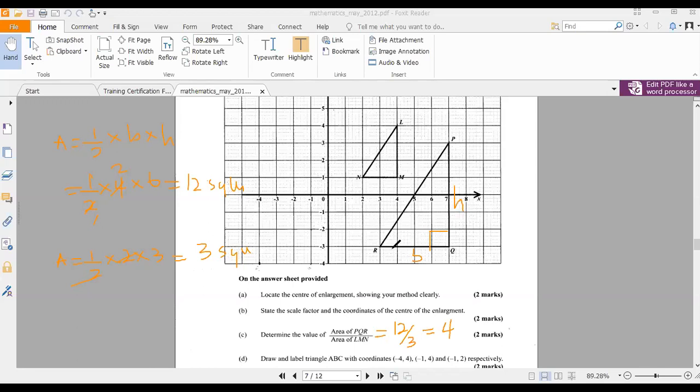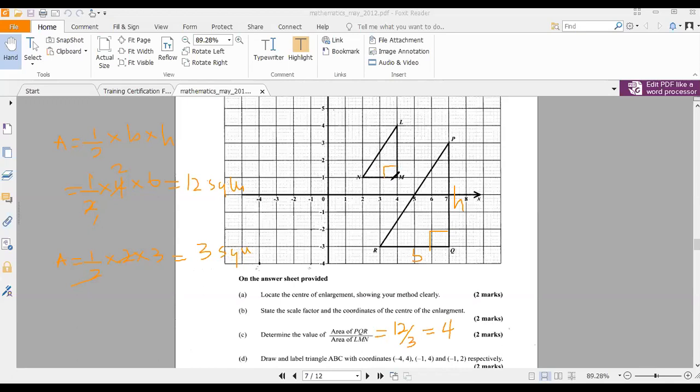Now you are going to find out the base. The base is 1, 2, 3, 4. So that's how we got the 4 here. The height is 1, 2, 3, 4, 5, 6. That's why I got a 6. You work it out and you get 12 square units. So 2 going into 2 one time, 2 going into 4 two times, 2 times 6 will give you 12. Follow through for the first part, for the big one. Then the small one, you do the same.